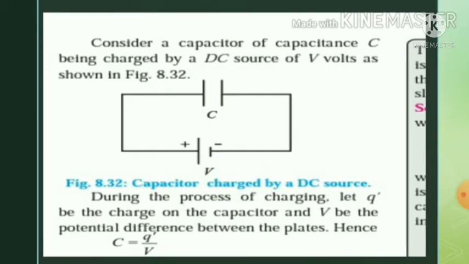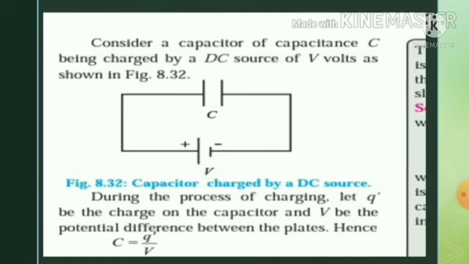On this concept we can write capacity C equal to Q upon V, meaning capacity equals charge divided by potential. This general equation applies to the above diagram and explanation.